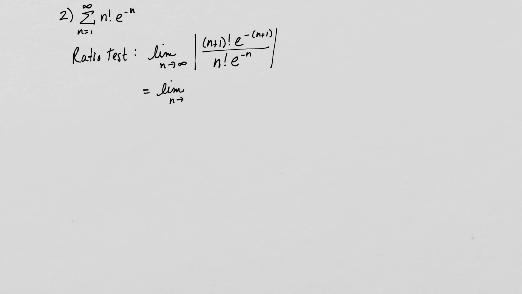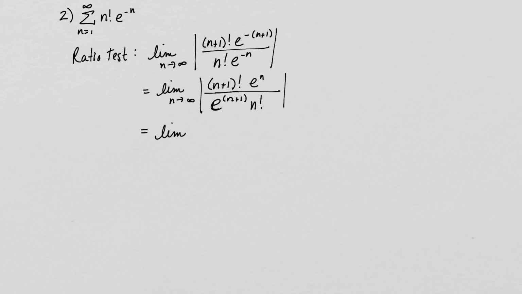With the limit as n approaches infinity, I have n plus 1 factorial. The e to the negative n plus 1 is going to move down to the bottom. And then on the bottom I have an n factorial, and then that e to the negative n is going to move to the top. And I still have the absolute value of that. When I move the e down, it becomes positive, right? So it's now going to be e to the positive n plus 1.